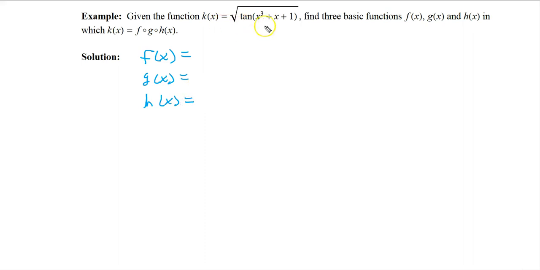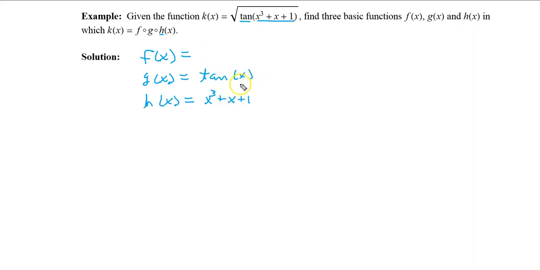Well, going back up here, for the first function, reading from right to left, you usually want to pick the innermost function of x right here. So we're going to pick our h to be x cubed plus x plus 1. Then for the next one, we're going to pick the tangent. So we'll pick the g to be the tangent.